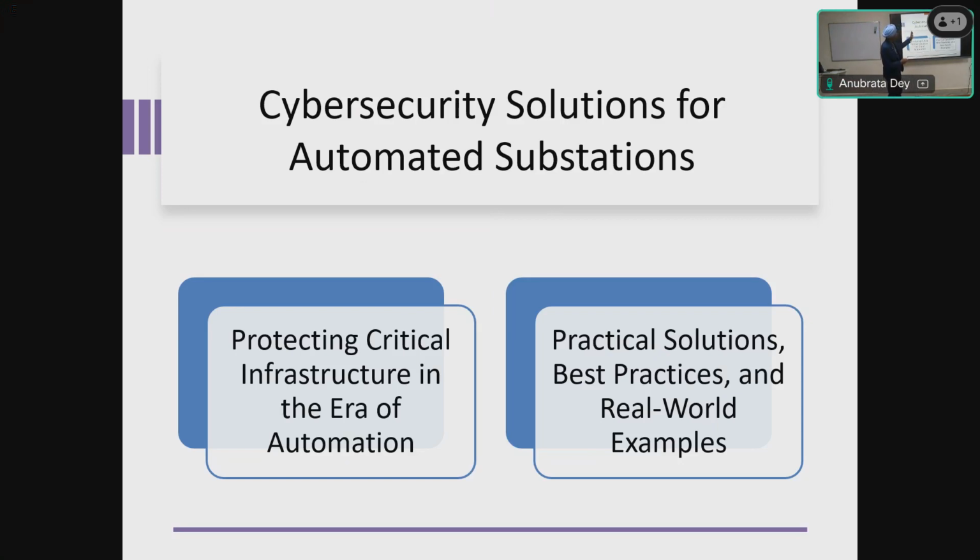Although the title says automated substation, it's actually for the entire power system. You can use all these strategies that we are going to talk about, and later on I'll give you some very concrete examples for various architectures.